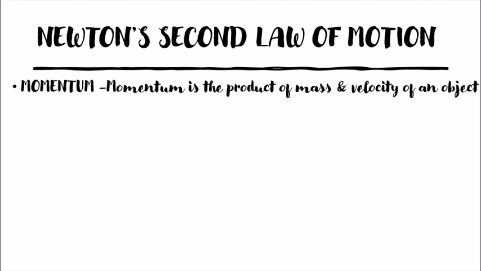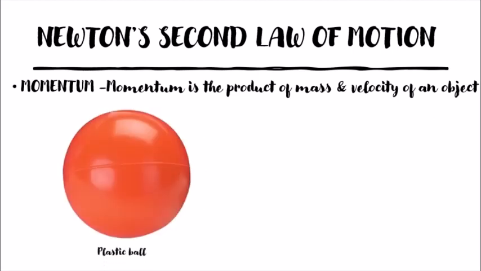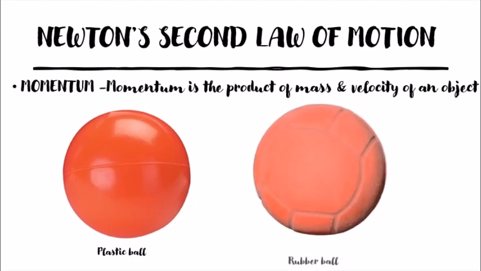If your friend drops one plastic ball and one rubber ball from the same height, which ball will be easier for you to catch? It will be easier to catch the plastic ball as the rubber ball is heavier, and the force required to stop a rubber ball will be more than for a plastic ball. Hence, it will be easier to catch a plastic ball.